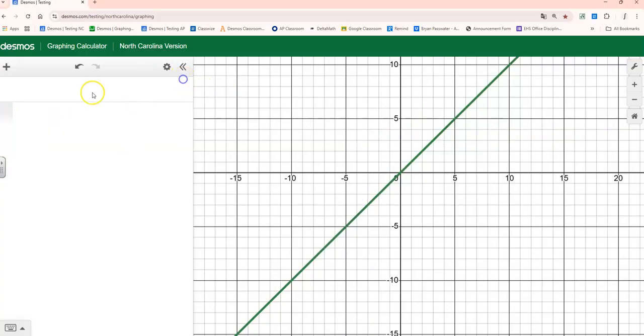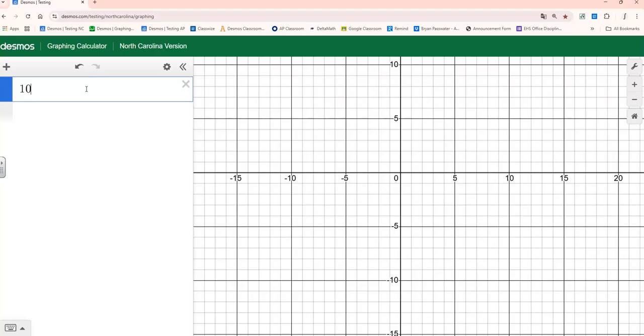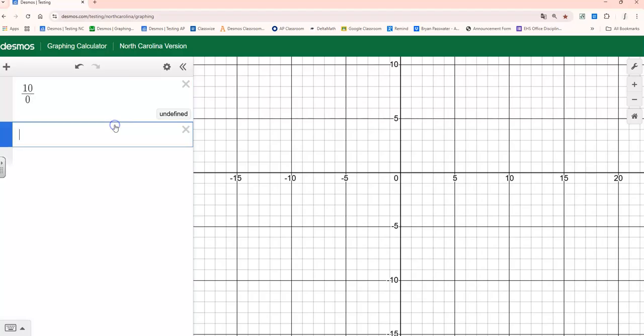If you go over here and you try to type in 10 divided by 0, Desmos is going to tell you that it's undefined. It's going to say you can't do that, right? Because if you think about what that means, like if you're doing 10 divided by 5, that means you've got 10 cookies and you're trying to split them up amongst 5 people. Everybody gets 2 cookies.